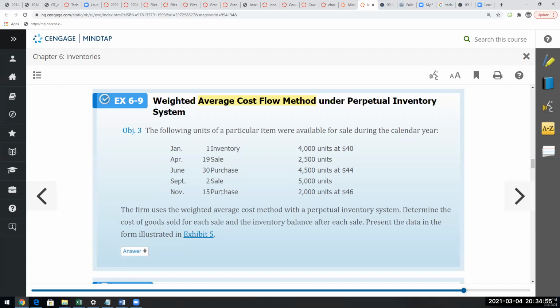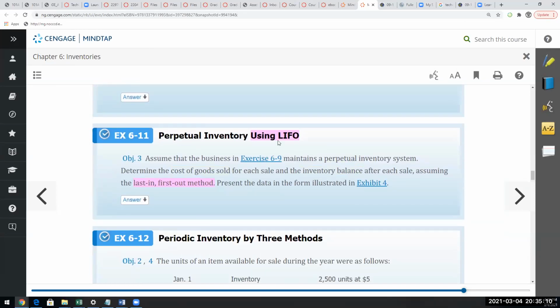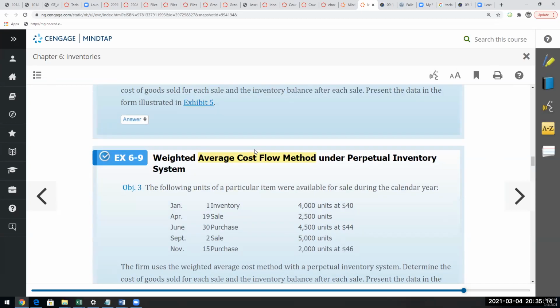So what we're going to do, we are going to do FIFO, LIFO, average cost. So the last one will be 6-9 that we do, the third problem, which is the top of the pile here. The first one that we do is FIFO, that's in the middle of the pile. And the second one that we'll do is at the bottom of the pile. All of them use the exact same numbers in 6-9. Do we have understanding of what we're doing here?